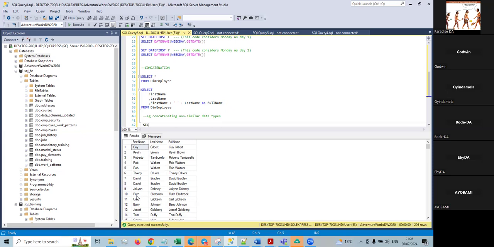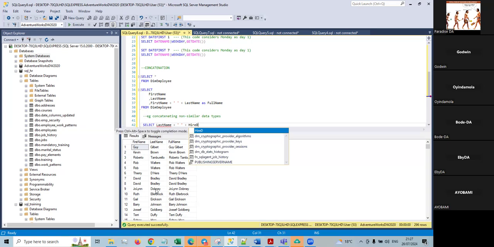So if, for example, we want to concatenate, we say SELECT LastName plus space plus HireDate from DimEmployee, right? We know this is not going to work because there are different data types.